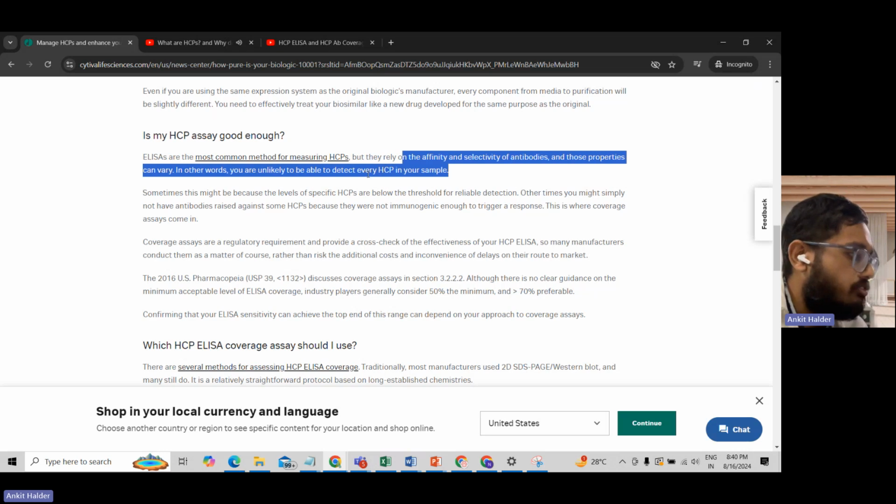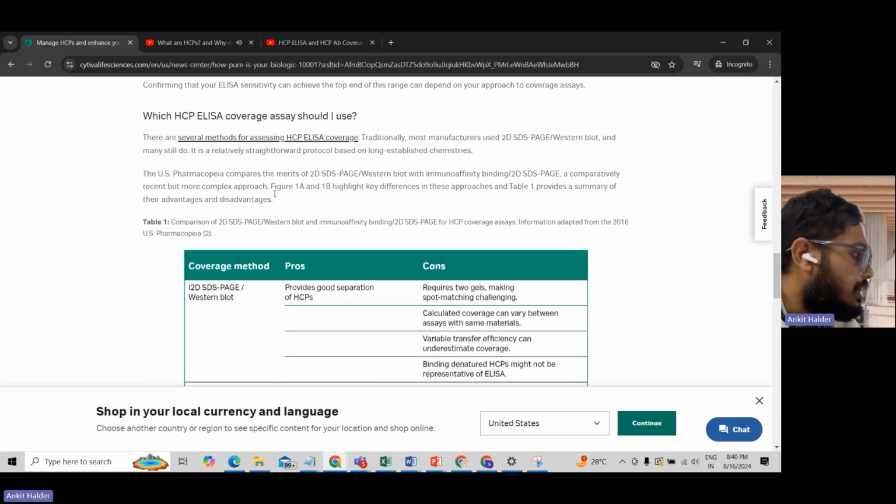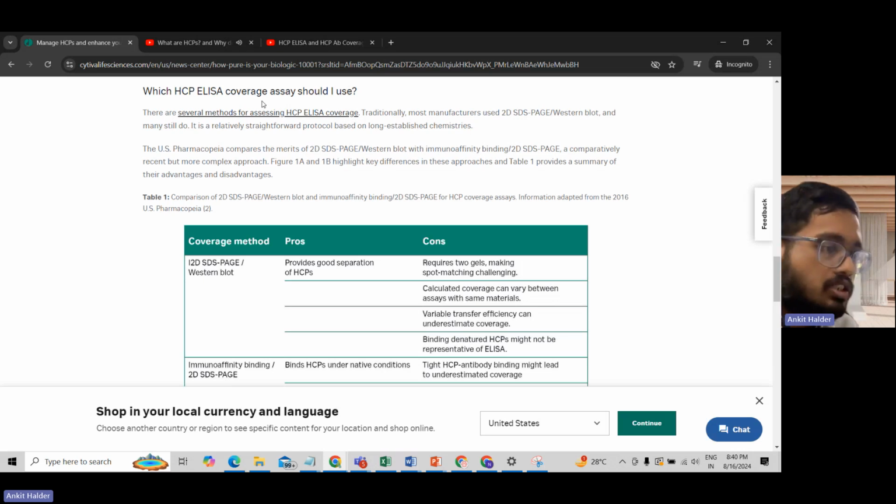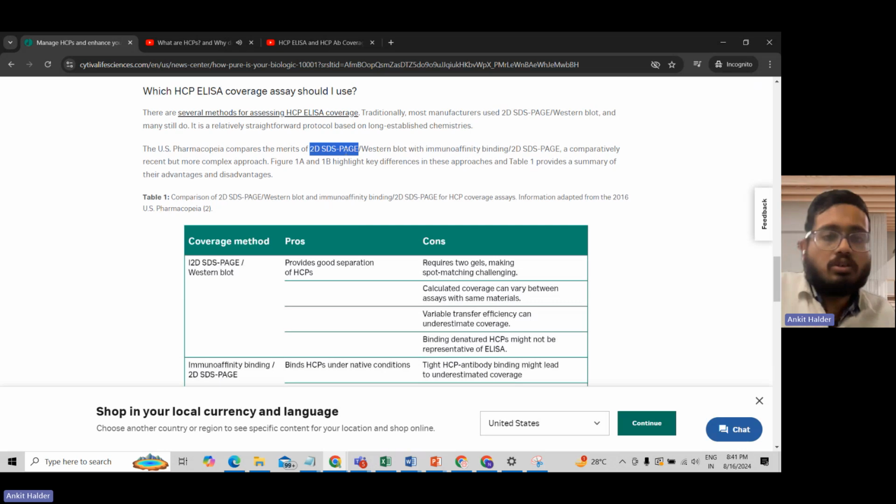be to able But to how to detect read every one book HCP in every your week? sample. Average Okay, reader reads at so 150 to HCP ELISA 250 words coverage per minute. should However, be used. speed reader So US reads at the Pharmacopoeia has speed compared the up means to of 800 2D to to 1000 their words per minute. terms, So far, that I have you are helped understanding thousands that of people whether to your achieve 2D this goal.